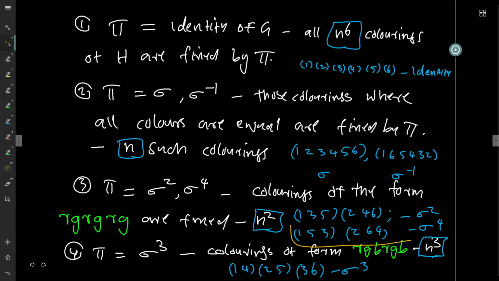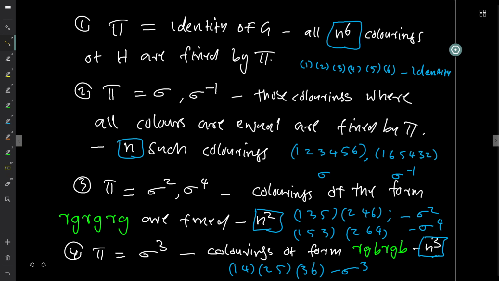And similarly, sigma raised to 4, which is 1, 5, 3 and 2, 6, 4, will also be fixing such colorings. So therefore, n square colorings will be fixed by each of sigma square and sigma raised to 4. Now, if pi is sigma cube, then sigma cube is precisely 1, 4, 2, 5, and 3, 6.